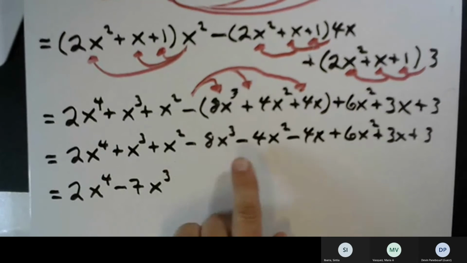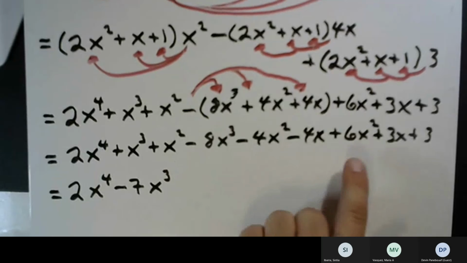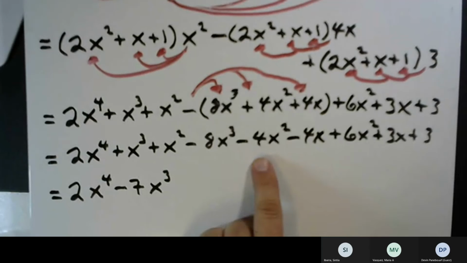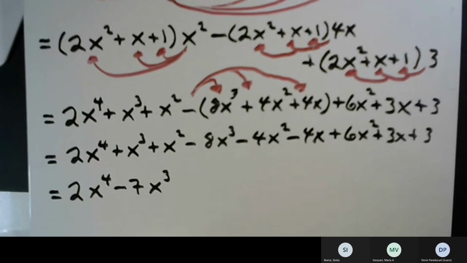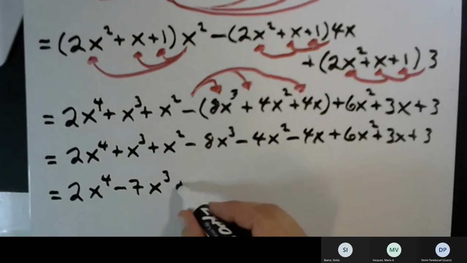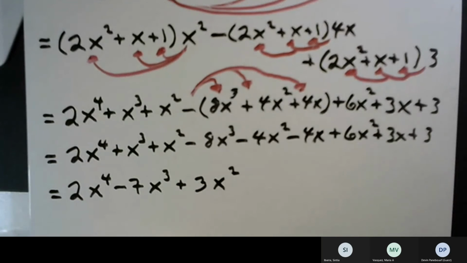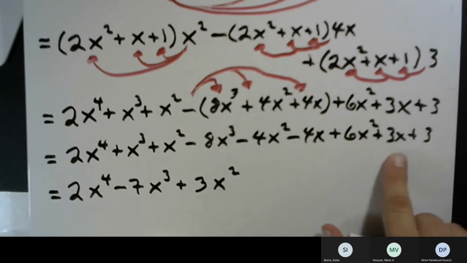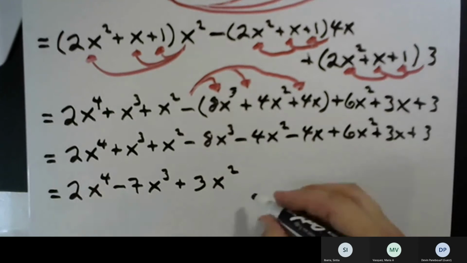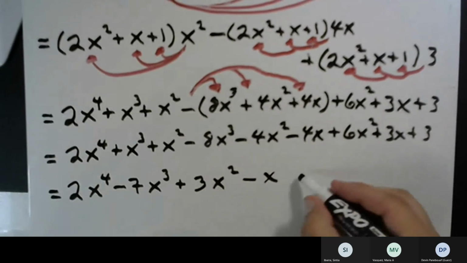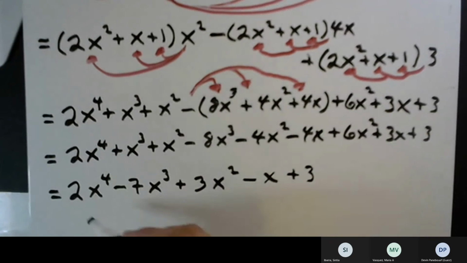And then a 1x squared, a minus 4x squared, 6x squared. 1 minus 4 plus 6 is 3x squared. Now for the x terms, minus 4x and 3x, or minus 4 plus 3, is minus x, and then the constant is plus 3.